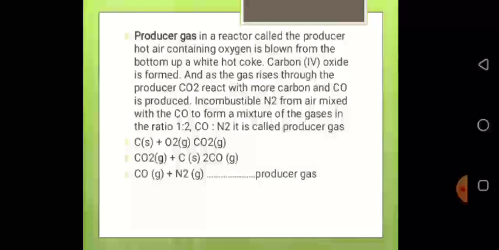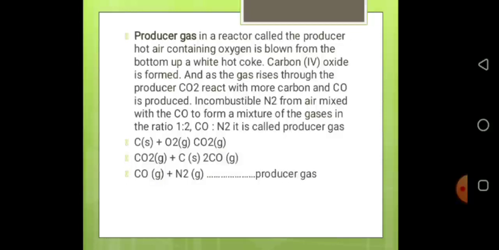Then producer gas. In a reactor called the producer, hot air containing oxygen is blown from the bottom of white hot coke. Carbon dioxide is formed, and as the gas rises through the producer, carbon dioxide reacts with more carbon, and carbon monoxide is produced.